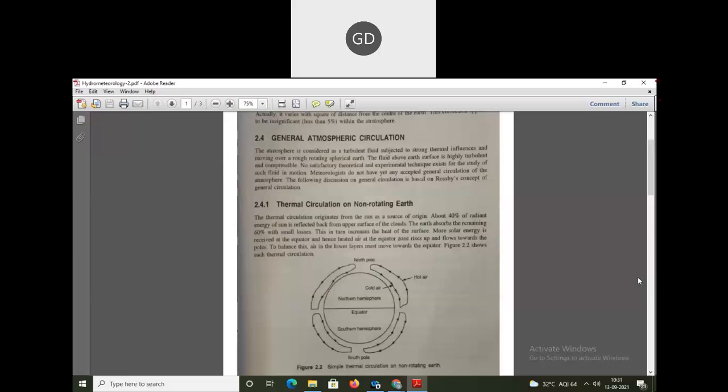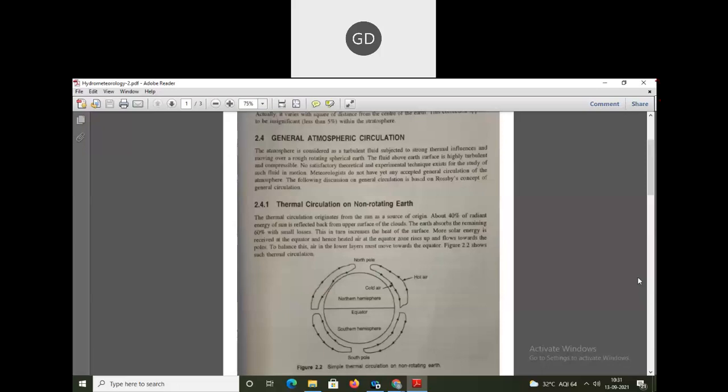Because of this, we have to balance both the poles. So in the lower layers, the air is moving towards the equator, and in that way both the poles are balanced.